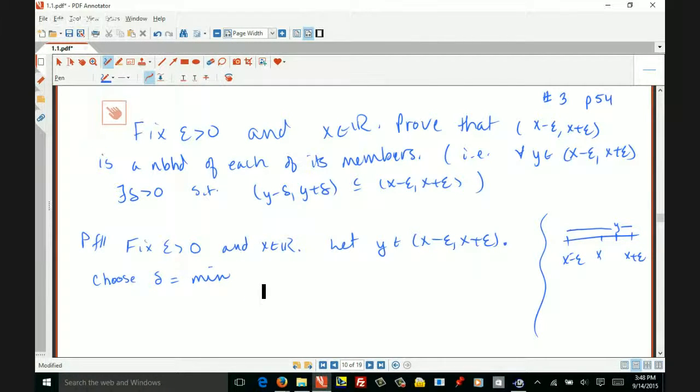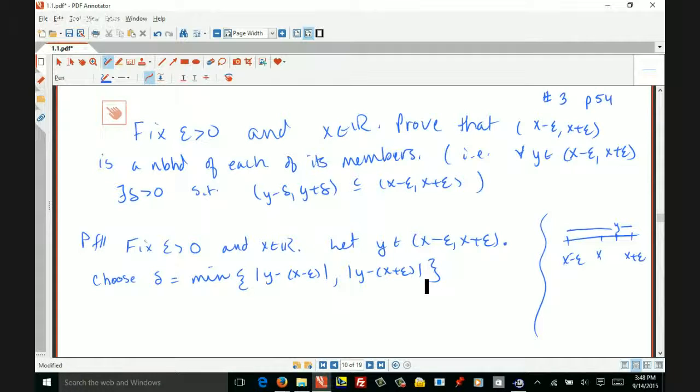Let's try that again. Minimum of y minus x minus epsilon or y minus x plus epsilon. So the smallest distance from y to the endpoints. Okay, so far it's the same.